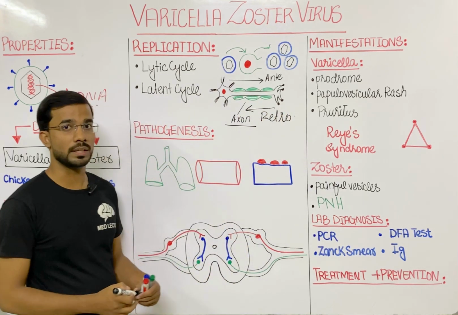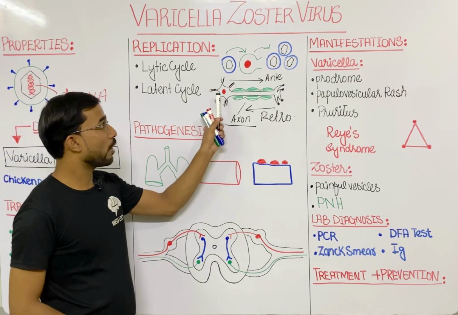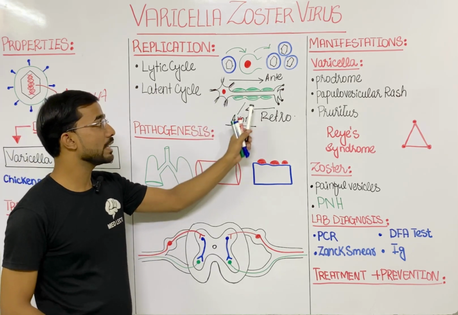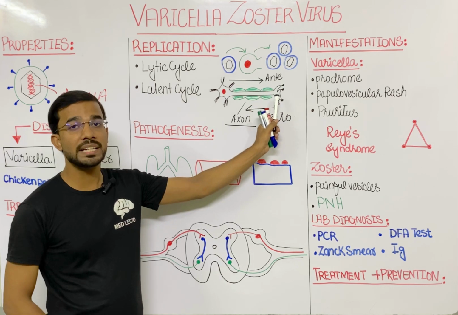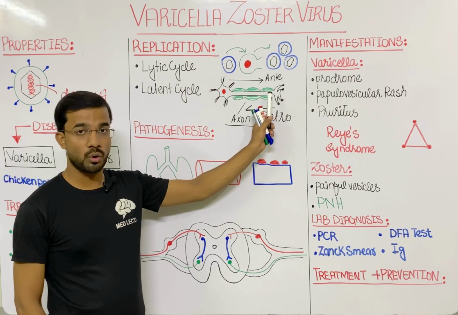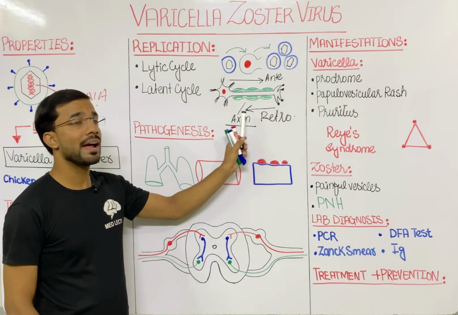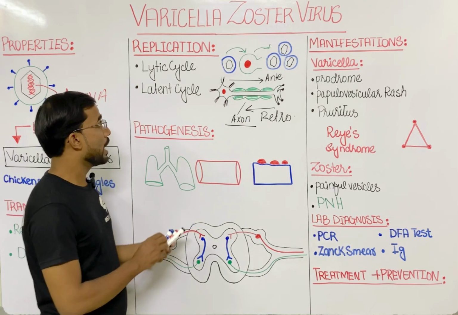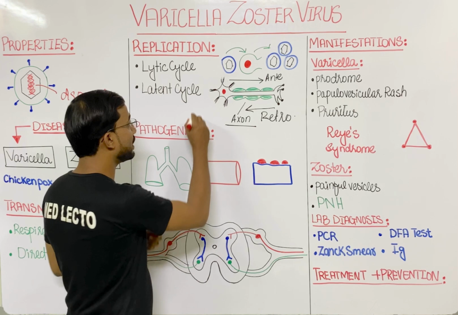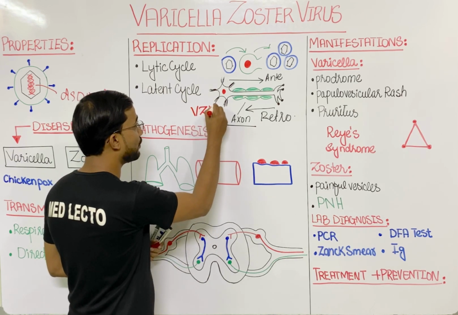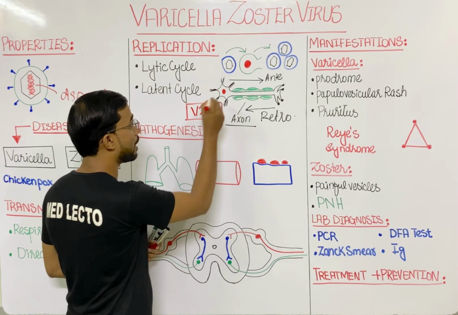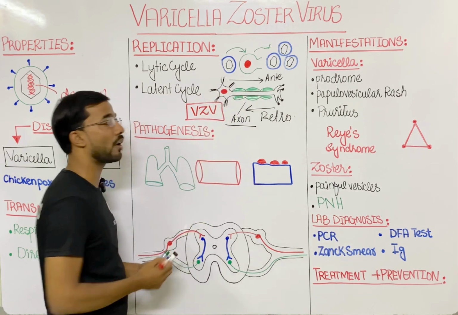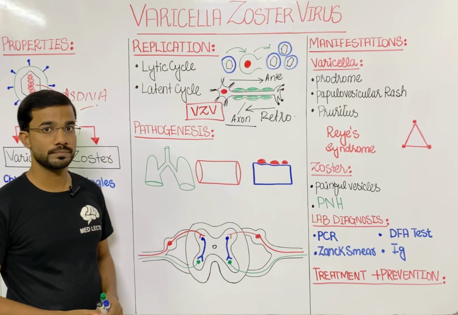That is the important thing. From the cell body, that flow is the antegrade axonal flow. Reverse will be retrograde axonal flow. Okay, and after that VZV, varicella zoster virus, become latent in the nucleus of the neuron.